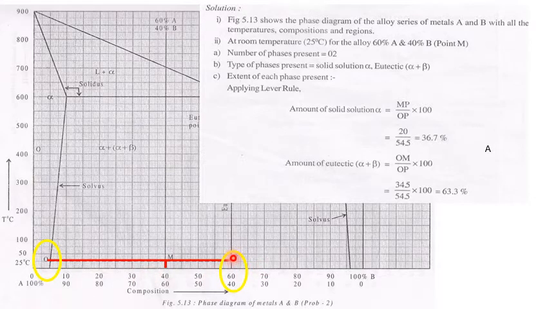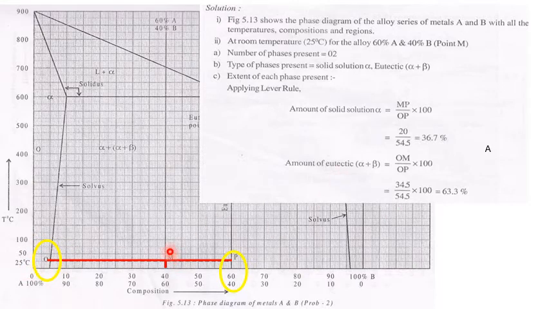The end of this one is the composition of the eutectic mixture, that is 60% B and 40% A, and here we will take exactly at this point 94.5% of A and 4.5% of B. So that is the solid composition.